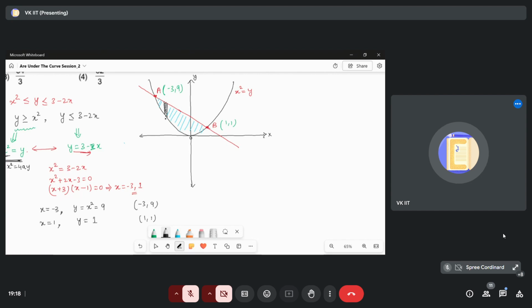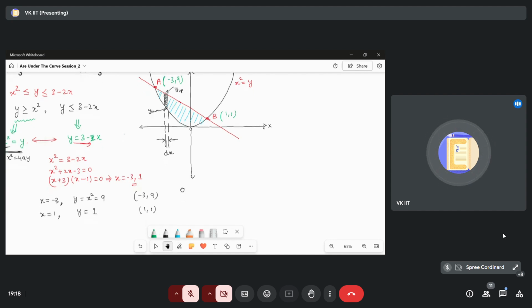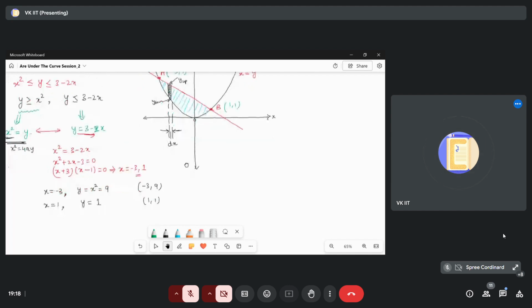So now I'm taking this vertical strip, whose width is again dx, and this is y up and this is y down. Now what is y up? Y up is basically the line.